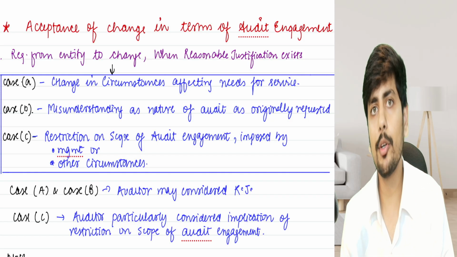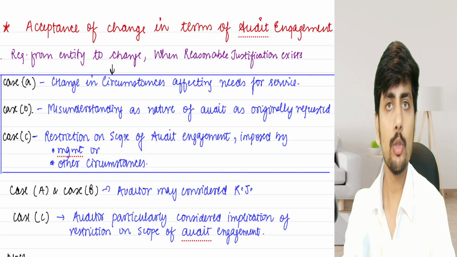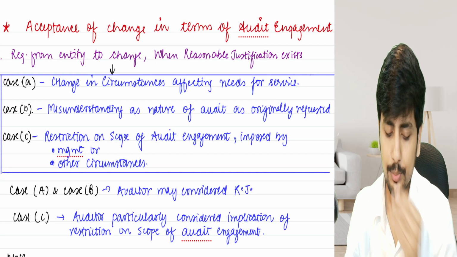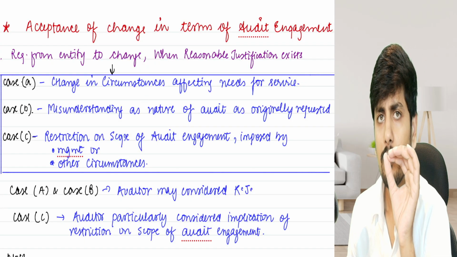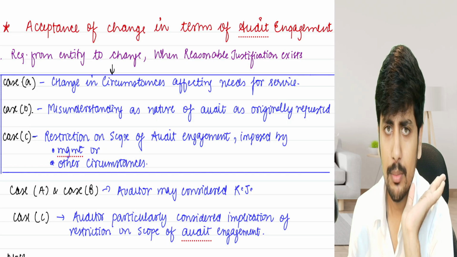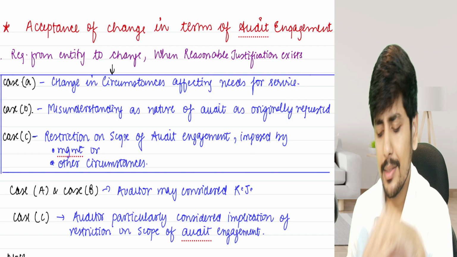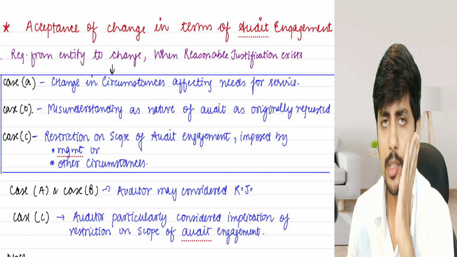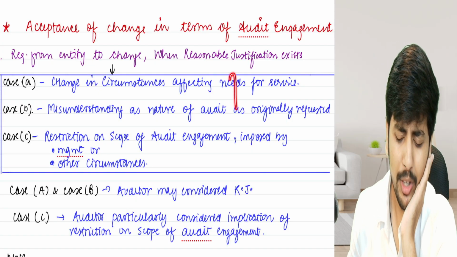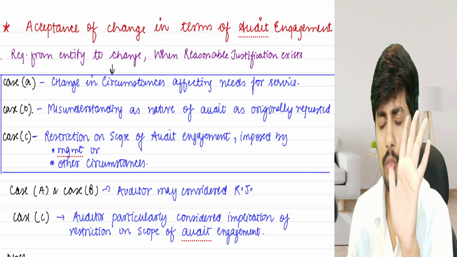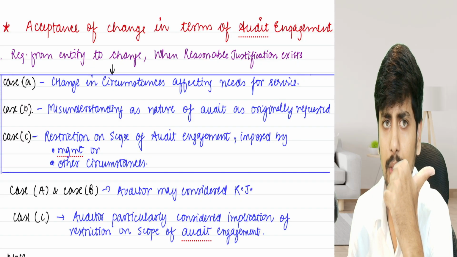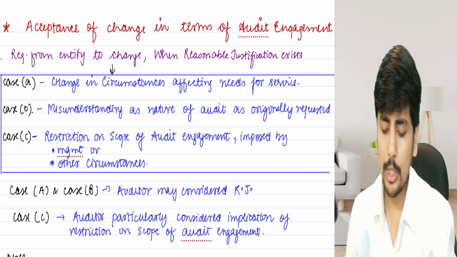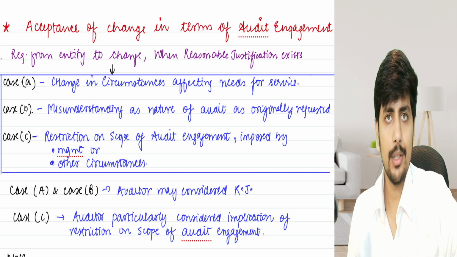So management requests the auditor to change terms. Okay, sir. So if you consider these 2 points, they seem to be genuine. The auditor may accept such changes if reasonable justification is there, and these 2 points are valid enough: changes in circumstances affecting the need for service, and misunderstanding as to the nature of audit as originally requested.